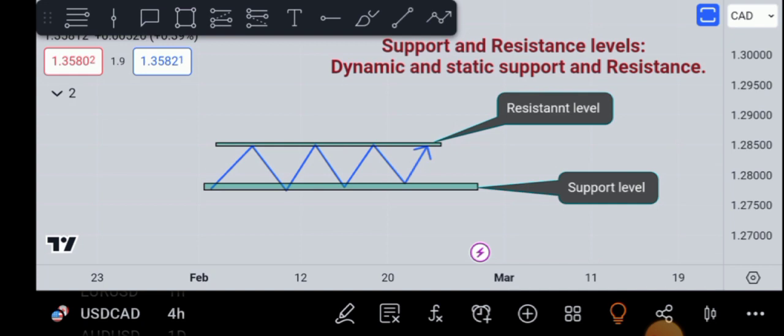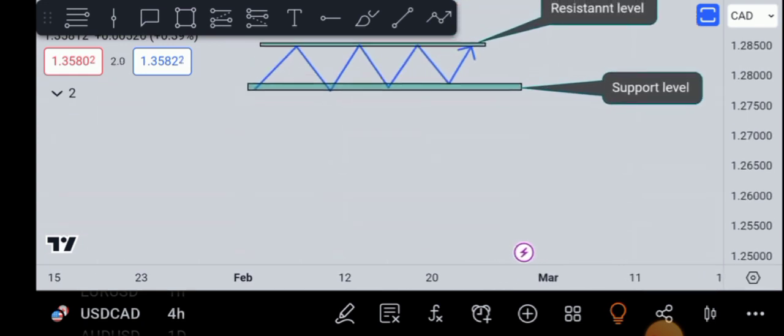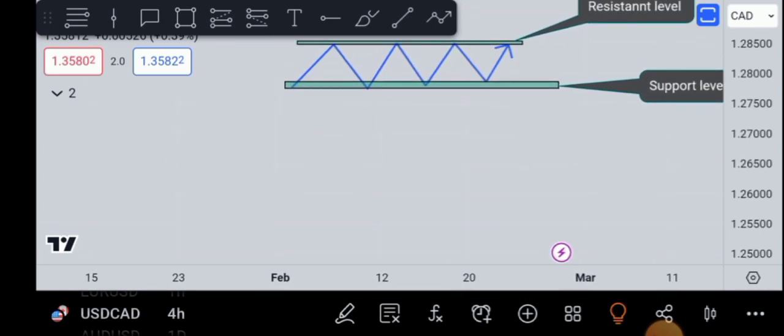Let me give a little space and explain something. I told you price is always moving, and while price moves, it moves in trends. There are two basic types of trend: the dynamic trend and the static trend.